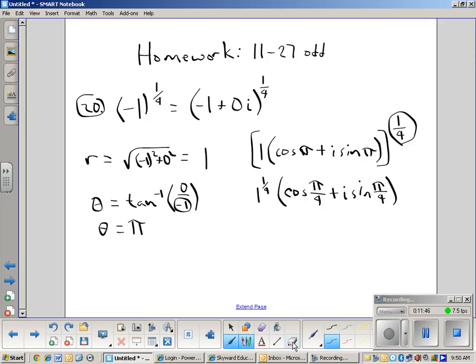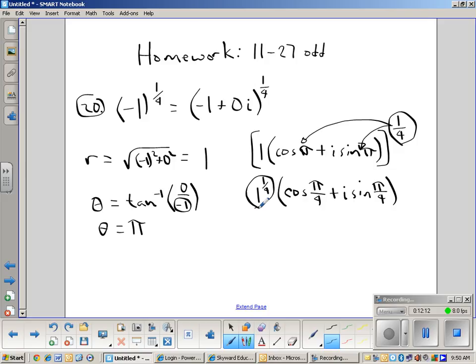What we're doing with that exponent is multiplying it by the angle. That's how we treat that. We multiply it by the angle. We've already said this probably 3 times, the 1 is equal to 1, so we can ignore that.